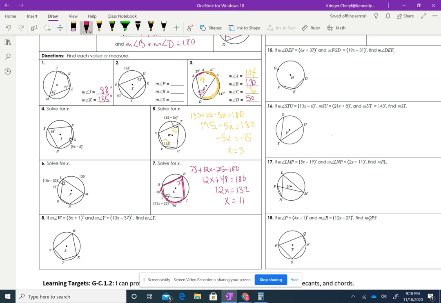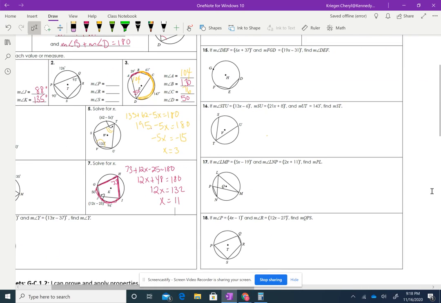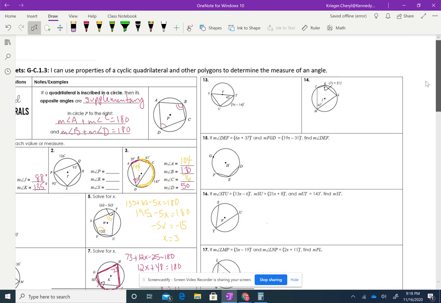Okay. So let's try some of the harder ones. Number 13 is a central angle intersecting a diameter, right? So I know that angle U is 90, and I actually don't know what we're trying to solve here.